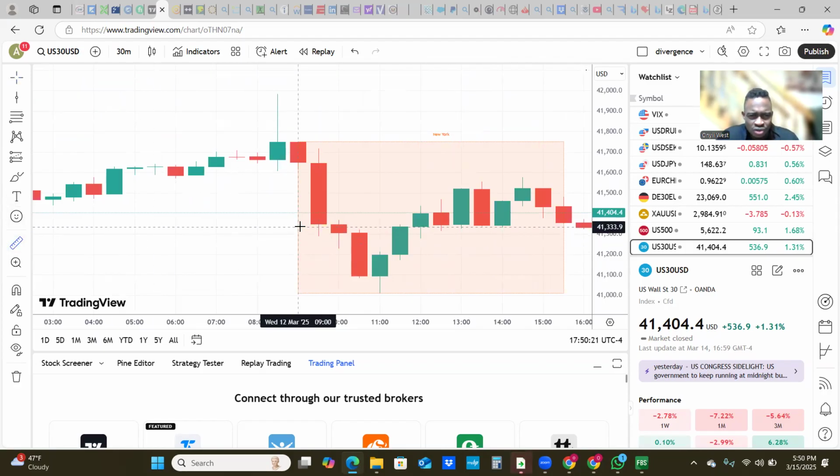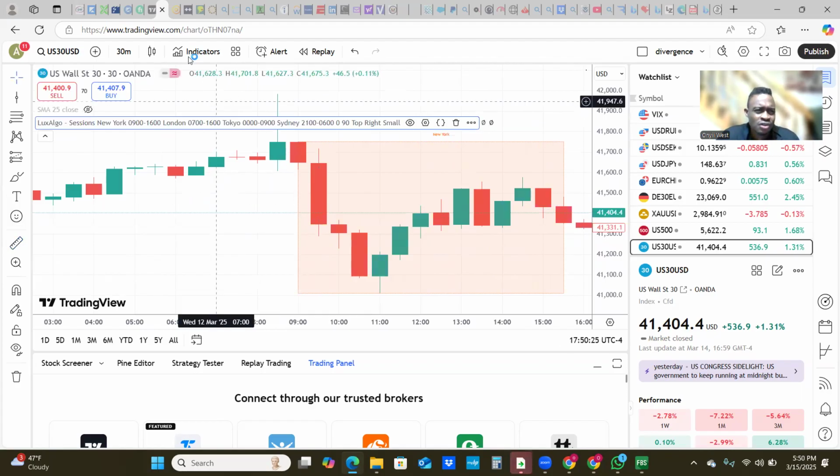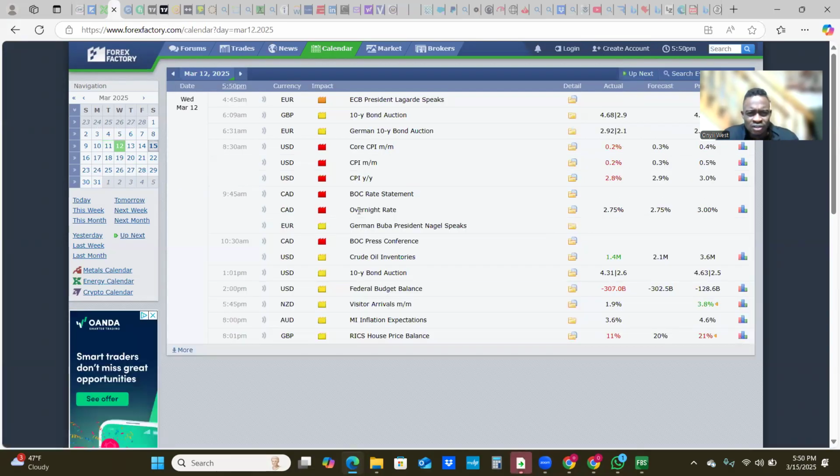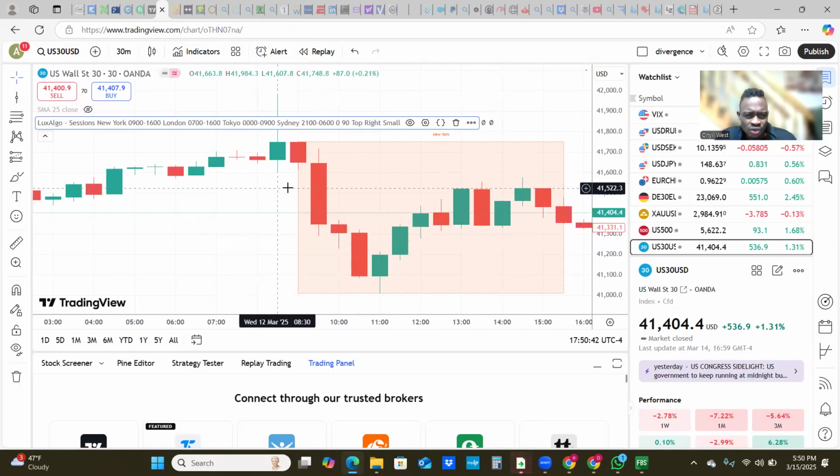Okay, so this is a Wednesday on the 12th. So let's check our calendar. This is CPI. CPI is very serious news. So we will wait for that 8:30 candle to elapse. So we wait for it.